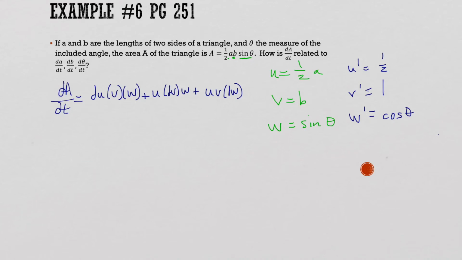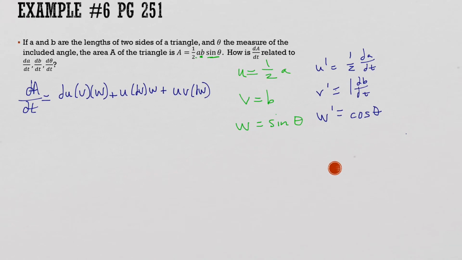Okay, now remember, this 1/2 over here is dA dt, this is dB dt, and this is d theta dt.